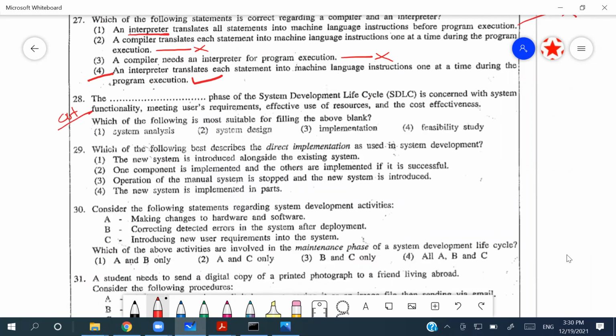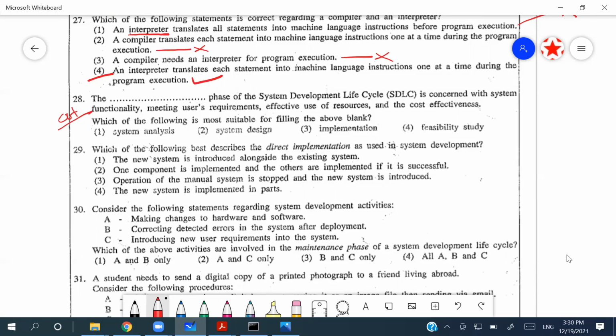Consider the following statements regarding system development activities: making changes to hardware and software, correcting detected errors in the system after deployment, introducing new user requirements into the system. Which of the above activities are involved in the maintenance phase of the system development lifecycle?